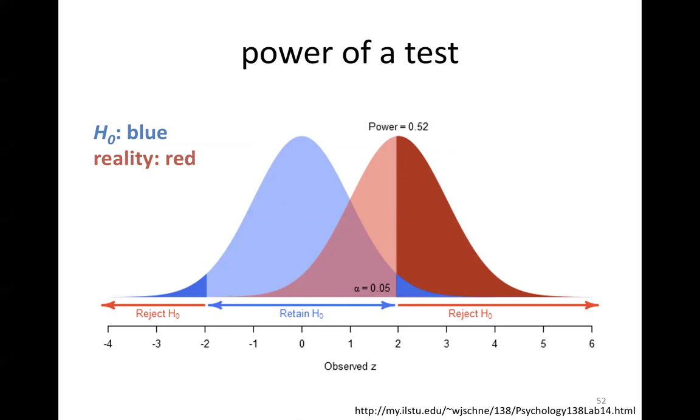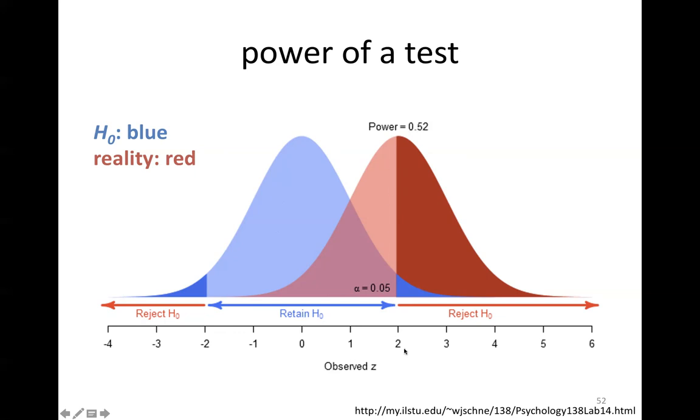And what else can we see here? Of course, if reality was closer to the null hypothesis, then the chance of failing to reject would be even higher, right? The power would be lower. Even though the null hypothesis is in fact wrong, the null hypothesis says the mean is 0.